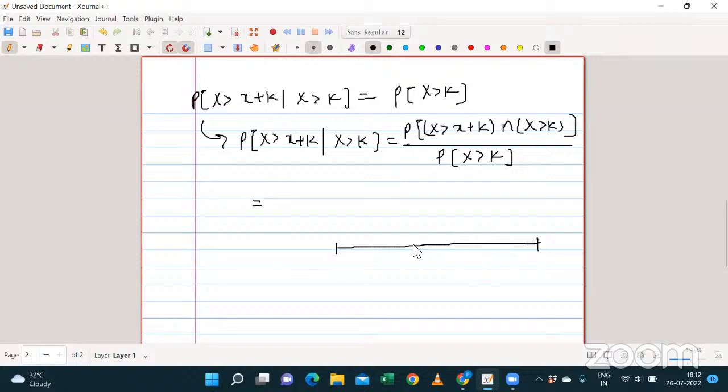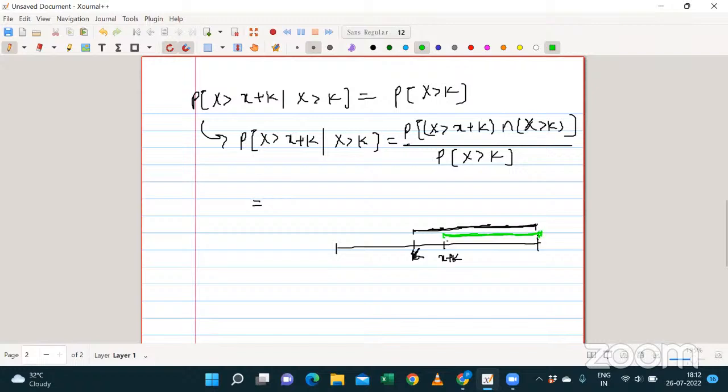Okay, suppose this is my point x, and x plus k will be somewhere here. Suppose this is your k. The random variable capital X greater than k means this region, and X greater than x plus k means this region, right?